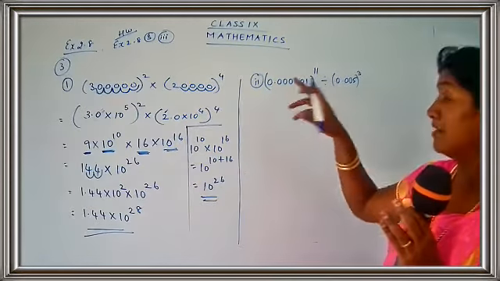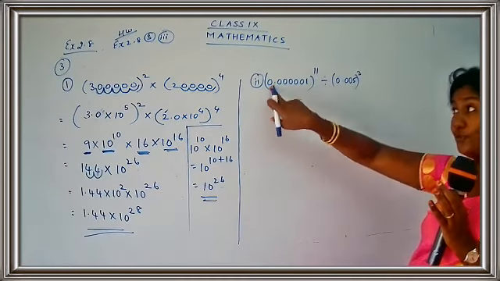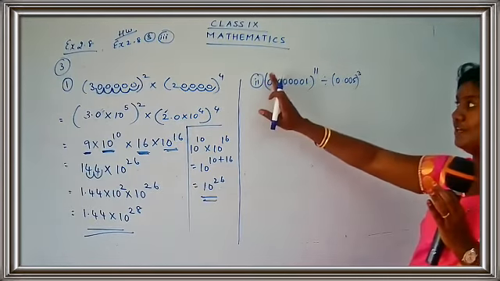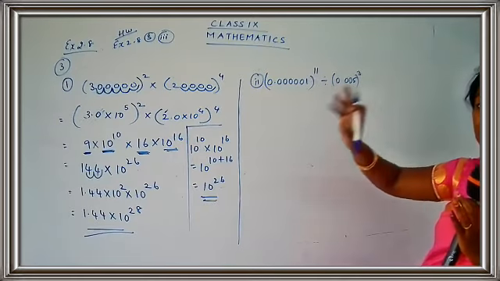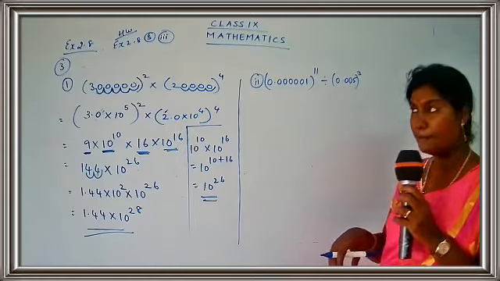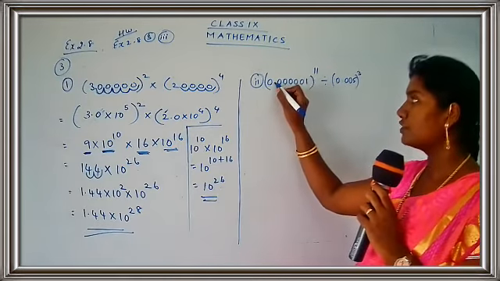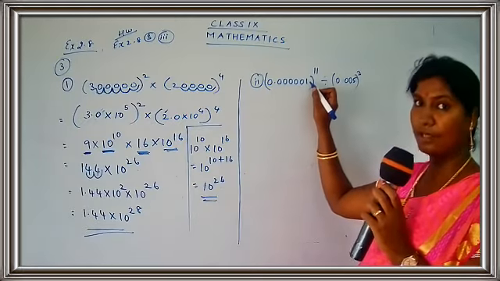Now for this sum, the shifting is to the right side. I'm just going to move the decimal point to the right side. So when I shift the decimal point to the right side, I have to take a negative power. Keep this in your mind. Okay, shall we shift the decimal point? So what do you get here? I'm just going to shift the decimal to the last number, to the number part.